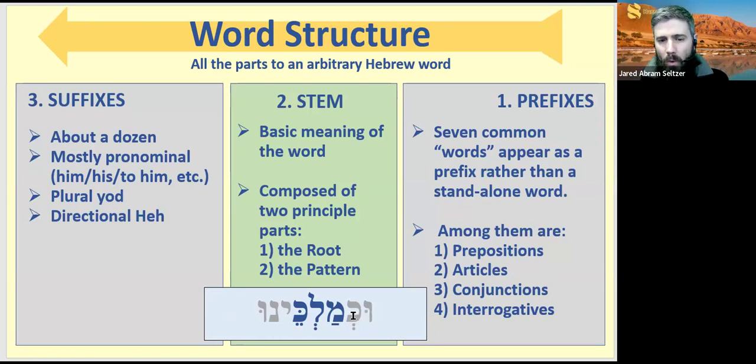This is uchamalkenu. Uchamalkenu. We're going to break this word down in just a minute, but the gray part at the front, well, those are prefixes. The gray part at the end, that's a suffix. The blue part in the middle, that's the stem of the word that carries the meaning of the word.